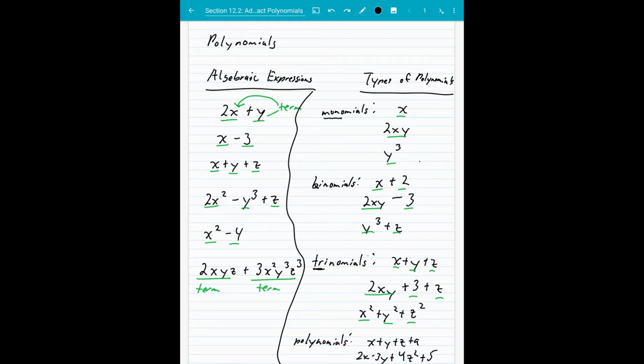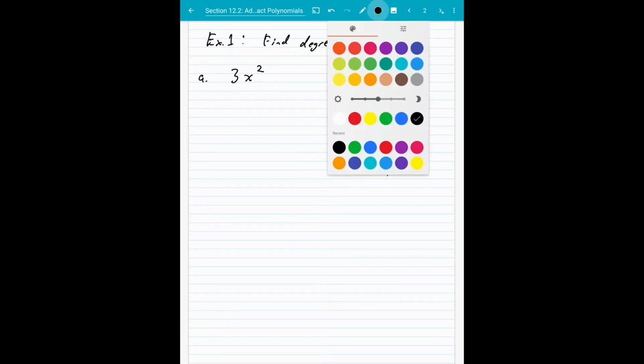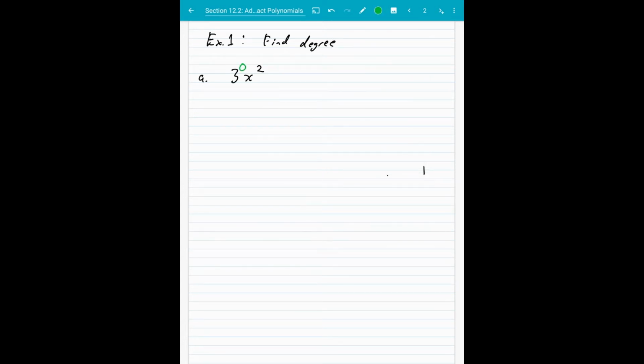After that, we determine something called the degree of a polynomial. When we're talking about the degree, we're talking about what the exponent is. So let me use example 1 to show you some examples of degrees. Example 1 says find the degree of each one. All of these are going to be monomials. For A, this one says 3x to the second power. To find the degree, we want to look at the exponents up here for each one of them.